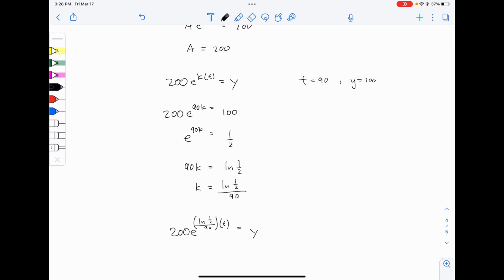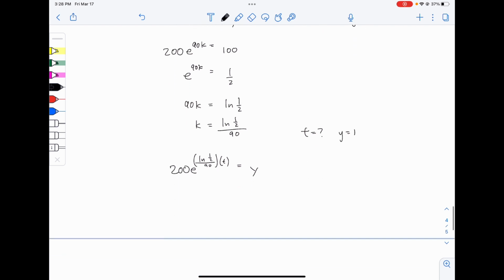Find the time that it takes for 200 to decay to 1 gram. We don't know what time is, that's what we're trying to find, but we know y is equal to 1. All we have to do is plug in 1. 200 e to the ln 1 over 2 over 90 times t is equal to 1.